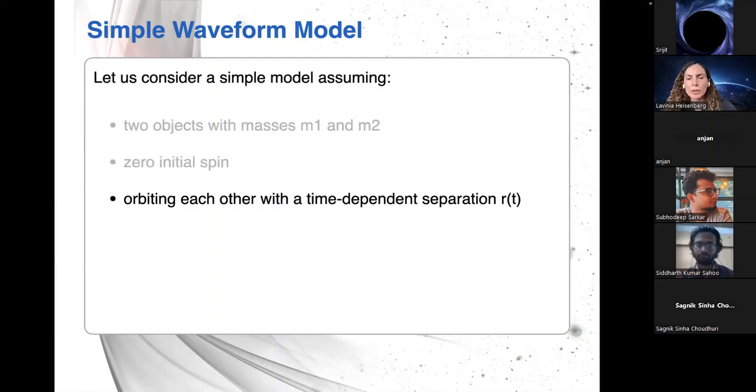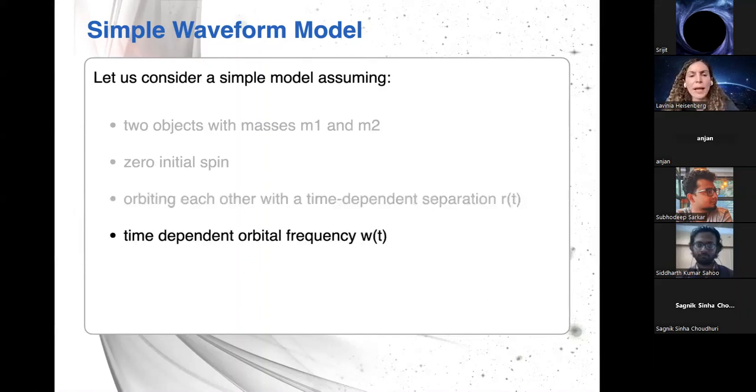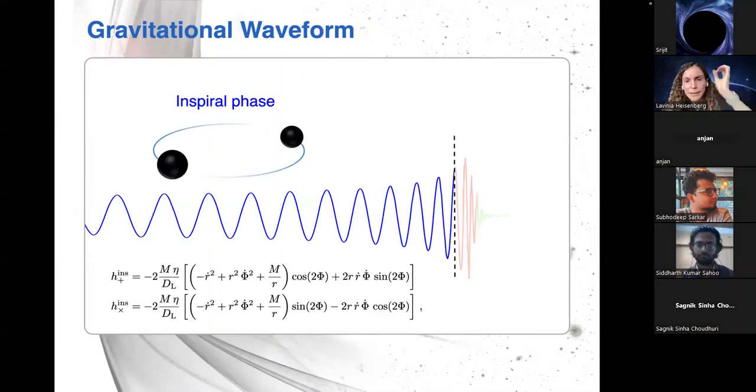They orbit each other with a time-dependent separation r of t, and they have a time-dependent orbital frequency, and you can analytically find concrete analytical solutions for the inspiral phase of the waveform.